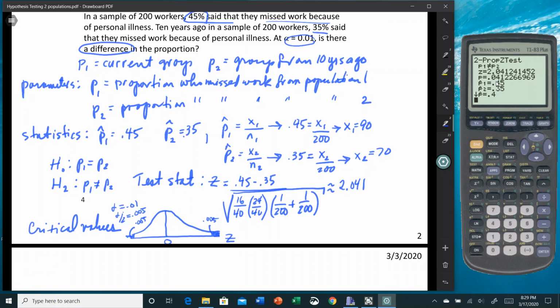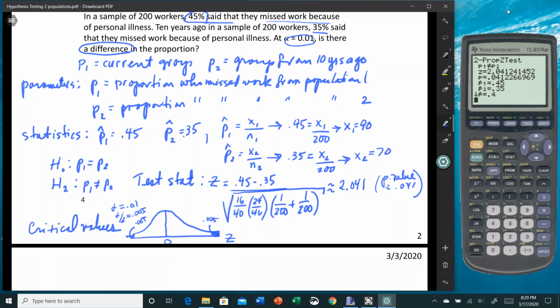I'm going to write a few more digits here. Oh, well, actually, I don't need to. I already have the p-value. The p-value is here, so I'm just going to jot that down. The p-value is about 0.041. Okay.